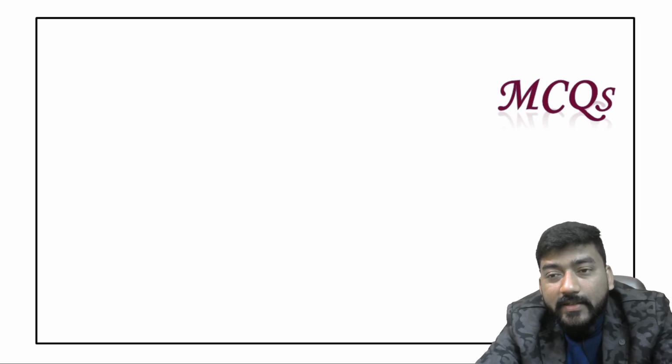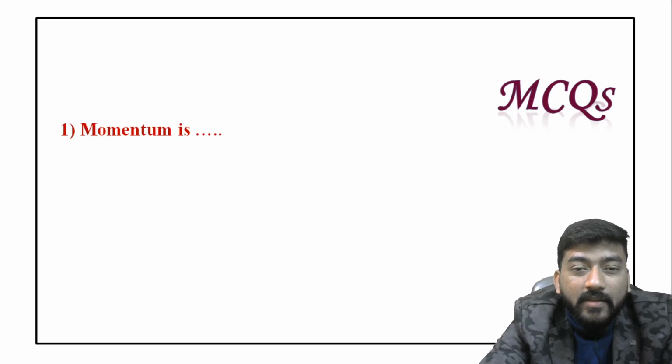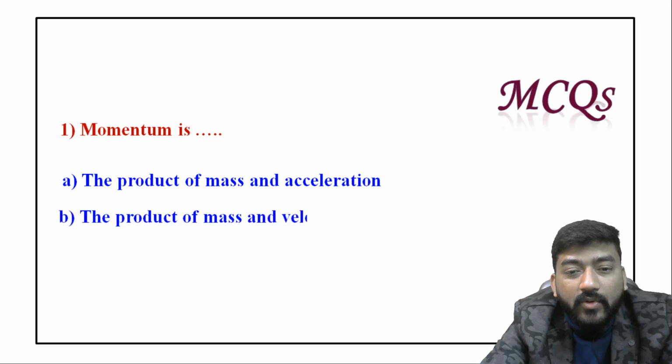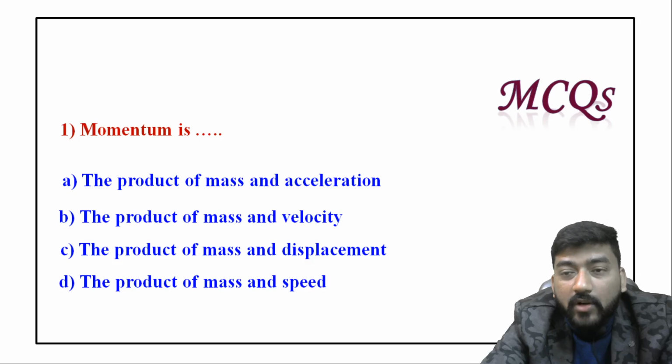But now let me discuss some MCQs based on what we have discussed so far. Momentum is the product of mass and acceleration, mass and velocity, mass and displacement, or mass and speed. Obviously it is the product of mass and velocity, because speed is a scalar quantity.